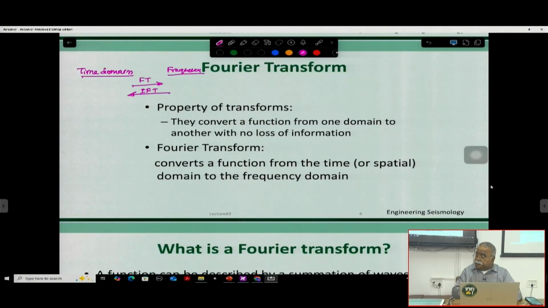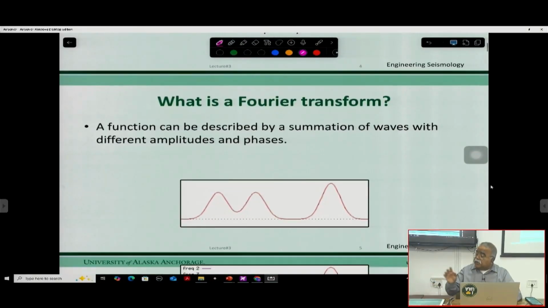Now, what is a Fourier? Fourier was a mathematician, and he established this type of transform theory, so everything is named after him. It's a Fourier transform. We all know that our time series data, or any gravity data, magnetic data, are some sort of sinusoidal or cosinusoidal functions, just like this one, right?